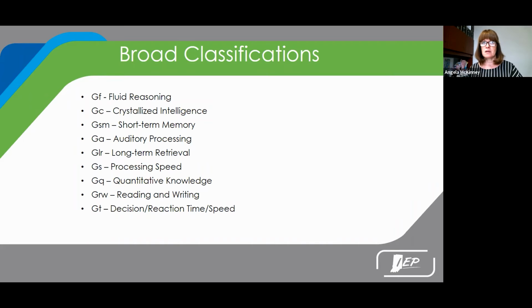within your academic achievement, right? So the last three, quantitative knowledge, that would be math, right? It's how you work with numbers, how you work with quantitative concepts. Reading and writing, clearly tons of overlap with academics.